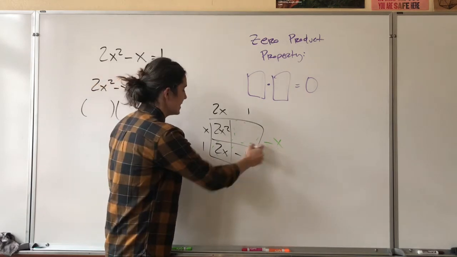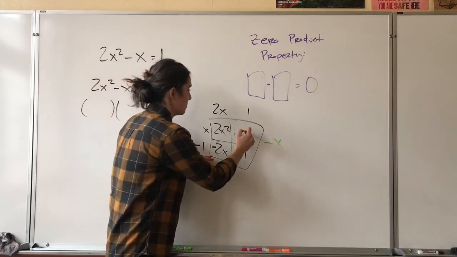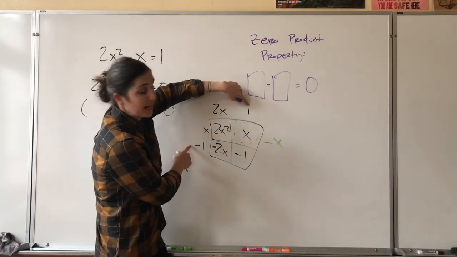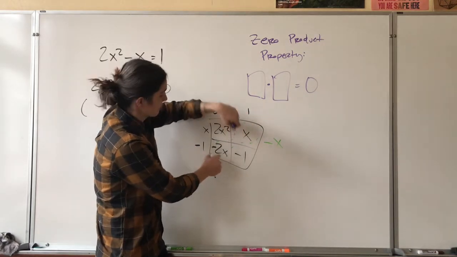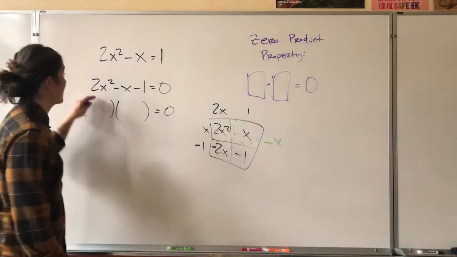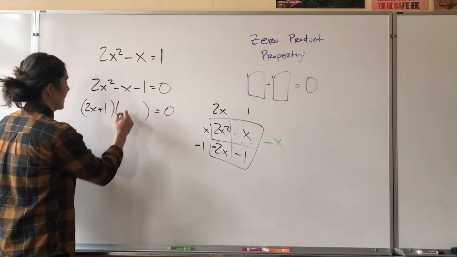And because they need to add up to a negative, that's a negative 2x. This is a positive 1x. So I can check 1 times negative 1, negative 1. And then these two add up to negative x, which makes my factors of this 2x plus 1 and x minus 1.